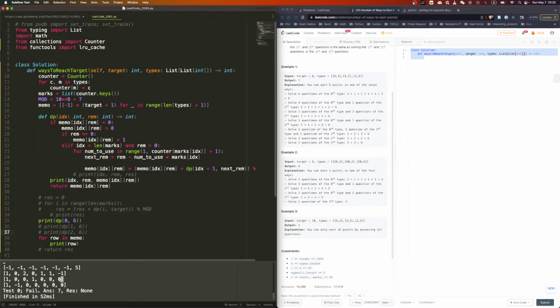Then why would 2, 6 be 0? Okay, I don't understand at all. Where does the 2, 6 take place?